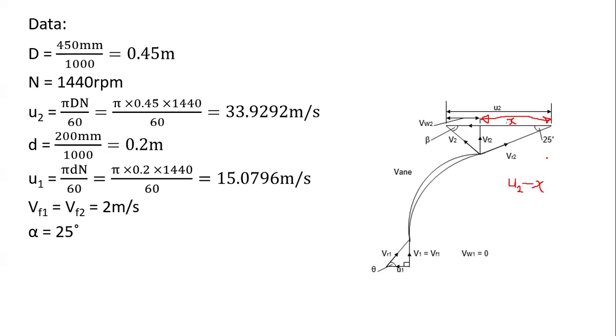If you look at this triangle I have here, I already have an angle in the corner, which is 25 degrees. And I also have VF2. How do they relate? The ratio between VF2 and X is tan.